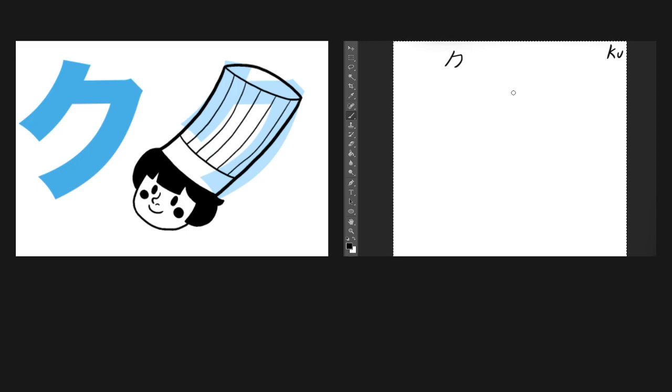So this is different than, okay, for ka, we do the horizontal and that line first. Here we're doing it in the opposite order. So we first start with the downward stroke and then do this. And that actually helps a lot, because if you start with this stroke and then do that, that doesn't really look right.